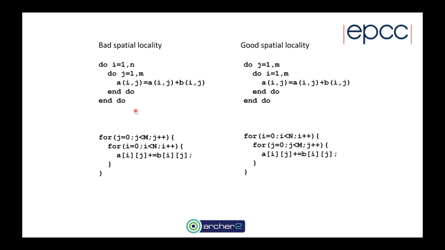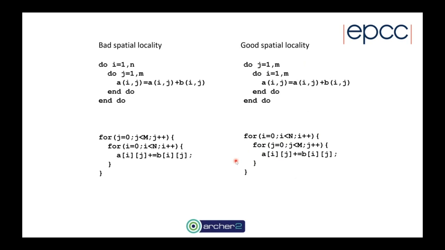And then the other thing to bear in mind here, of course, is that compilers nowadays can spot some of these issues. Particularly loops that are very simple like this, some compilers will look and say, actually, you're doing something stupid here, I'll reverse these loops for you. And we saw that in the previous lecture where the Cray compiler said, oh, I've interchanged these loops for better performance.